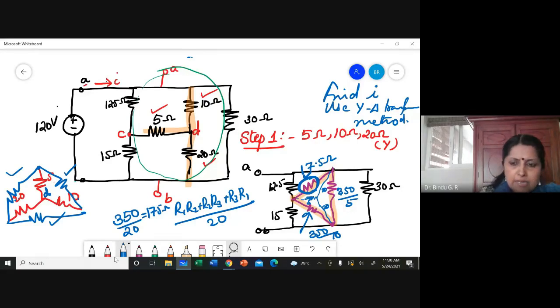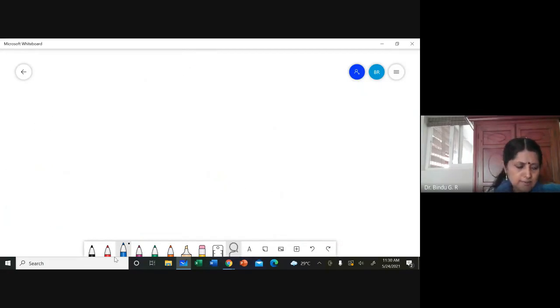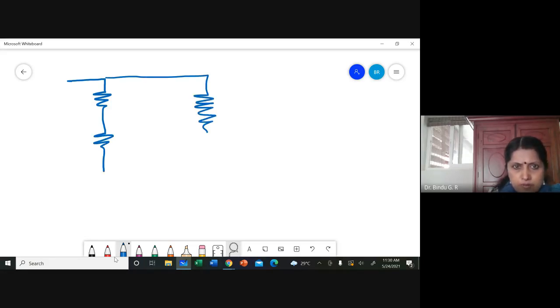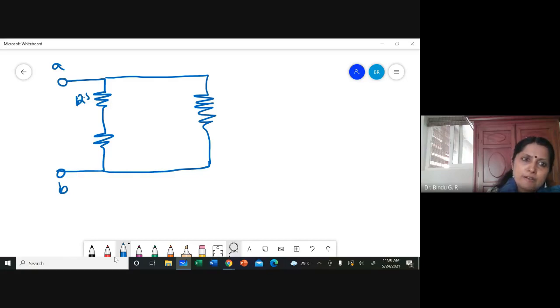So if I redraw this circuit once again with the values, I'll have A, B, this is 12.5 ohm, this is 15 ohm, this is my earlier 30 ohm.